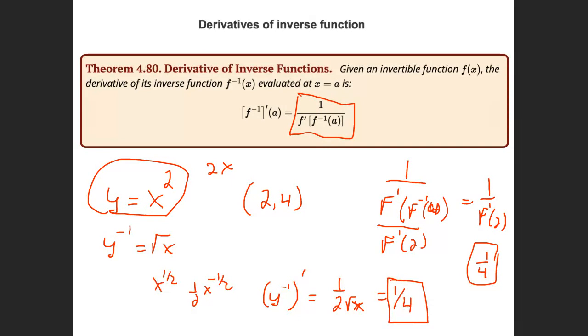It doesn't matter what we call it. So f of x equals x squared. What is f of 2 equal to? Well, f of 2 is equal to 4, right? So that means when I plug 2 into my function, I get 4 out.